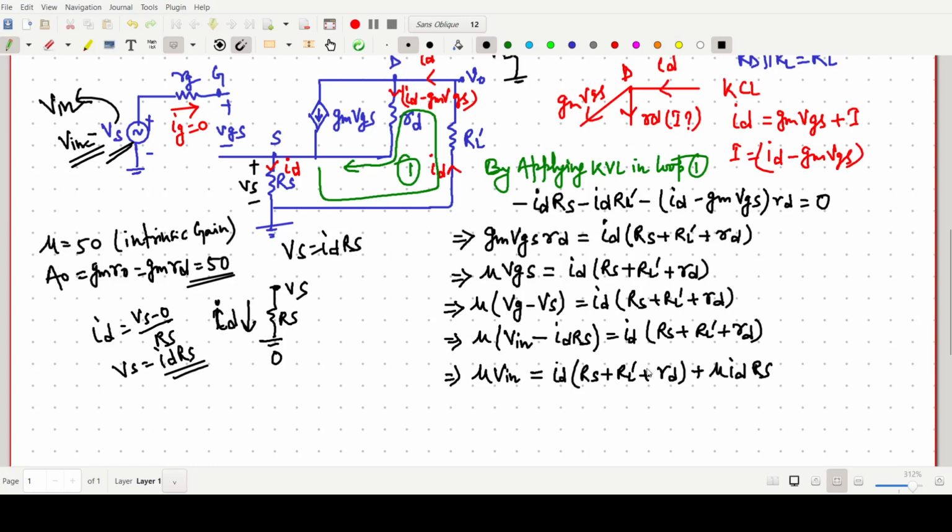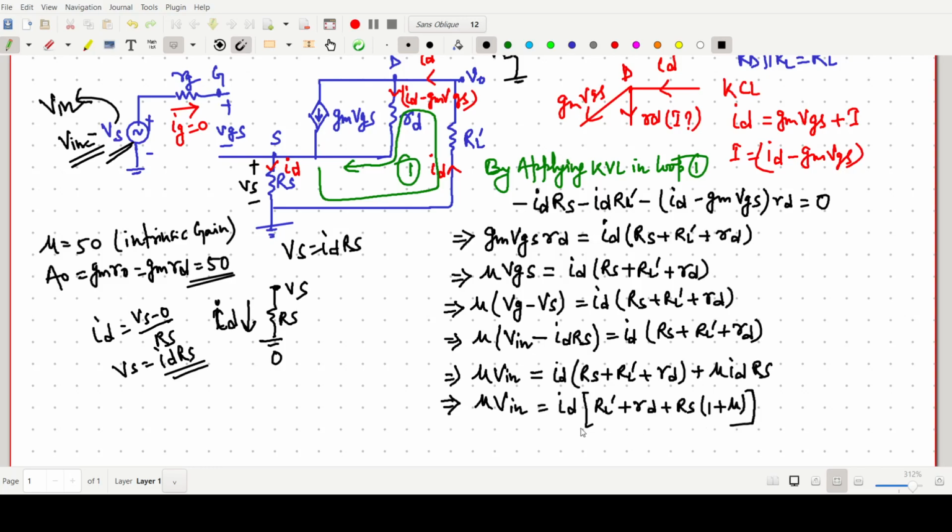We are just putting this on the right hand side. Simple calculation only. That's why I'm taking time in making this question. So ID can be written by keeping ID common in both terms, and keeping Rs common, one can write RL dash plus RD plus Rs times (1 plus mu).